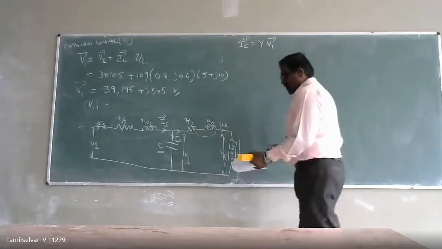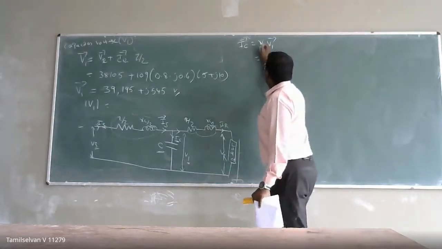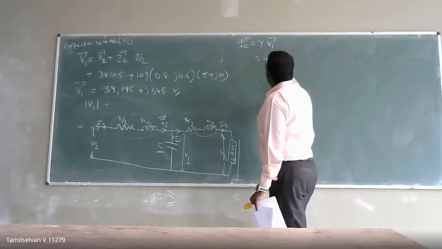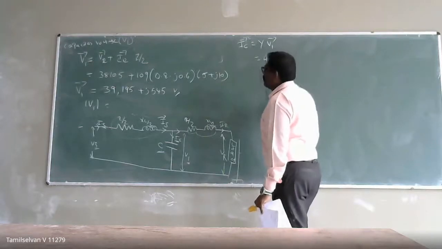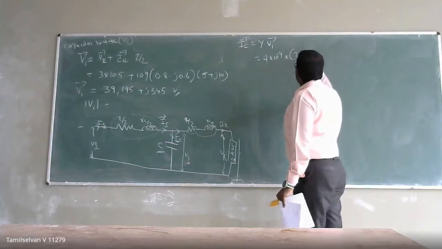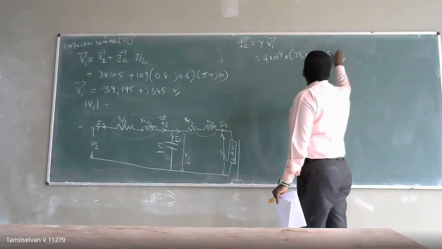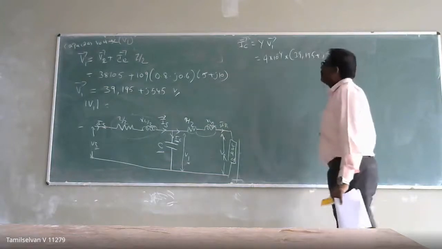Y is 4 into 10 power minus 4 Siemens, and V1 is 39,195 plus j545.